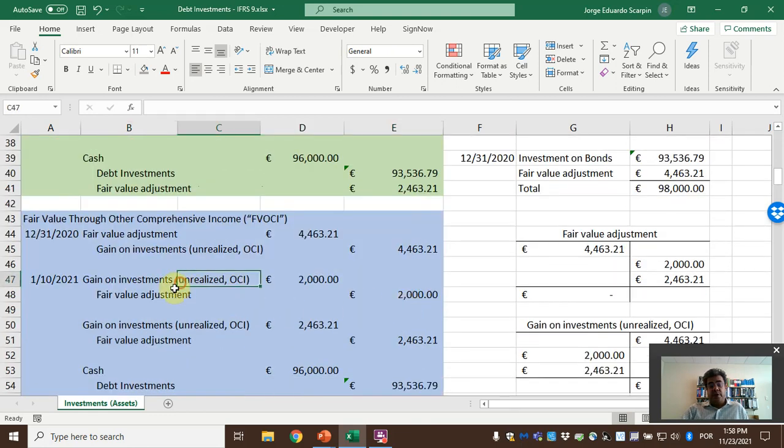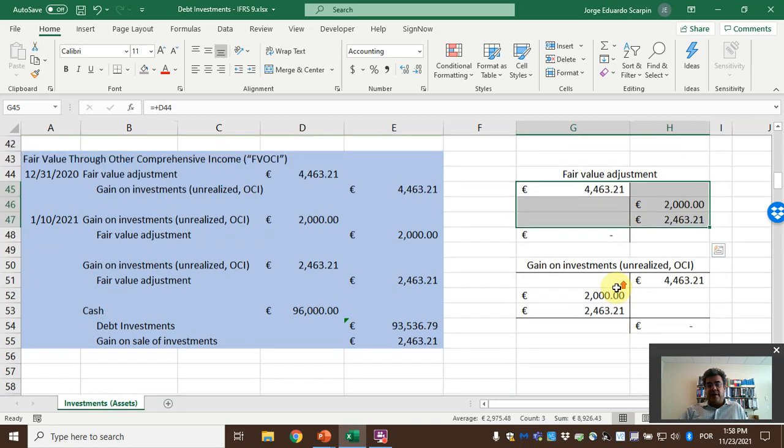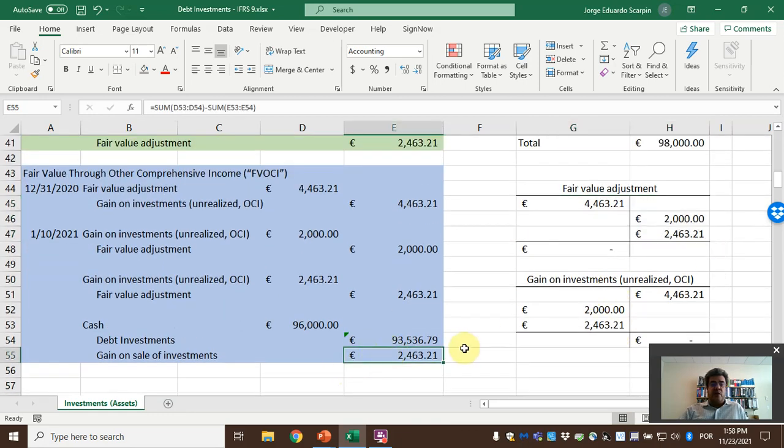And then we will be closing the unrealized gain and losses from other comprehensive income. So we are just moving from other comprehensive income to profit and loss, and the easiest way is close it on fair value, and then now we will move all of these fair values to the gain on sale.